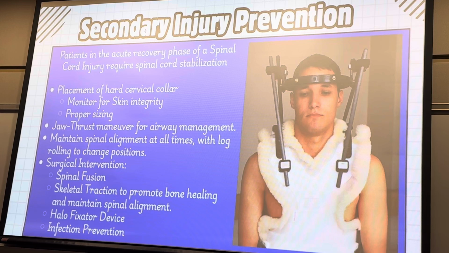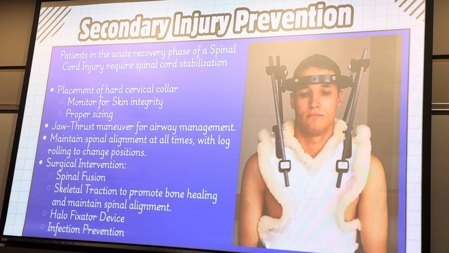With position changes, that's going to be very important, right? As I'm rolling, as I'm turning, I have a high chance of getting that spinal column out of line. I have to maintain that alignment as much as possible. So complete log rolls are going to be important. I'm not causing any kind of rotation, any kind of imbalance along the spinal column. That can be very difficult, but we have to change positions.